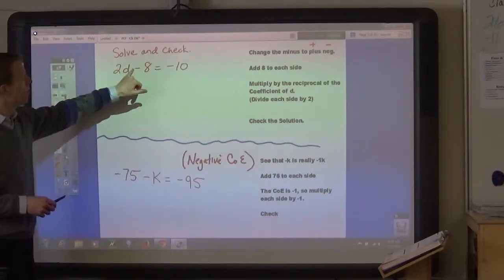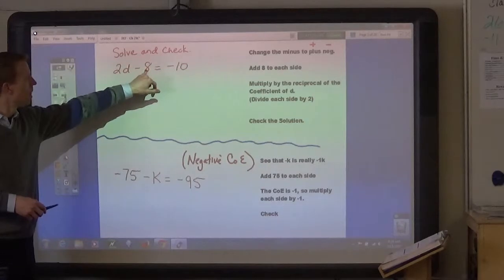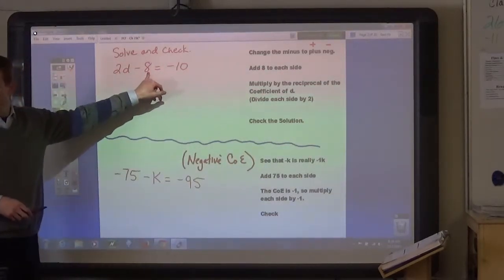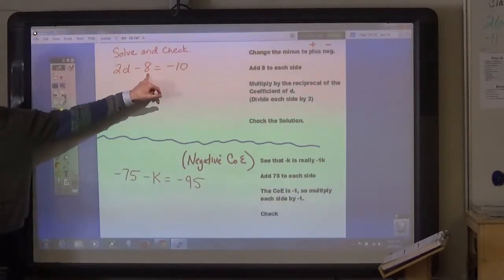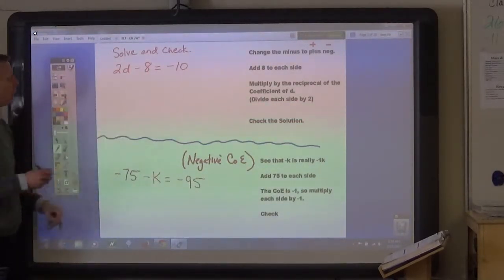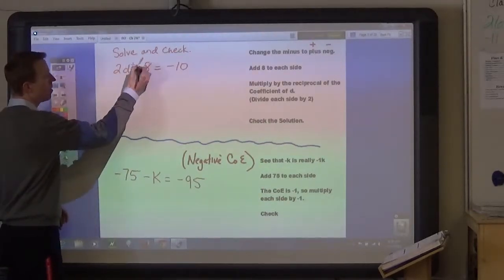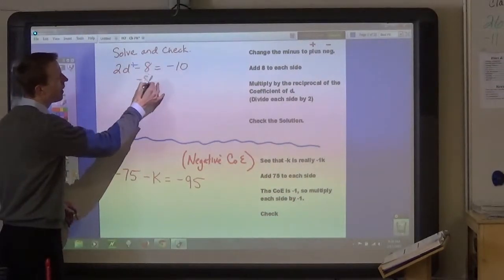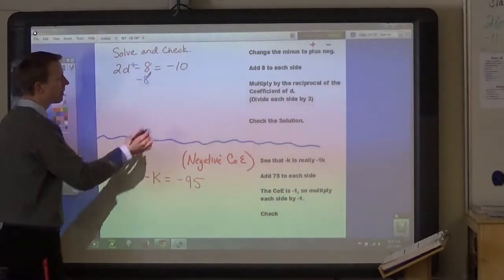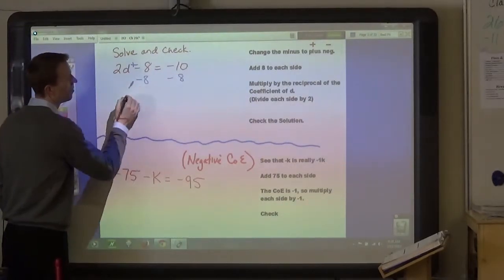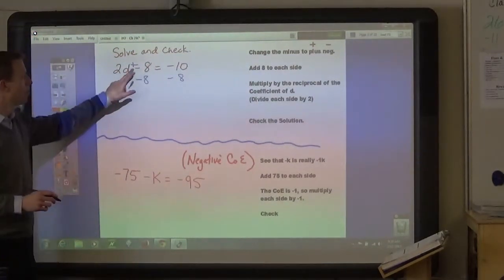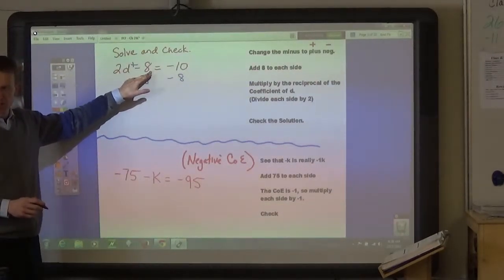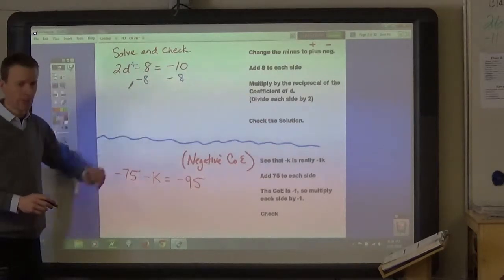And in this one, we start with a minus sign here. On the left side is 2d minus 8. So we have to change this to plus negative in order to see that this is a negative 8. Otherwise, we might put minus 8 here. What if you put minus 8? If you see minus 8, and you read that as a positive 8, then you might subtract 8 from each side.